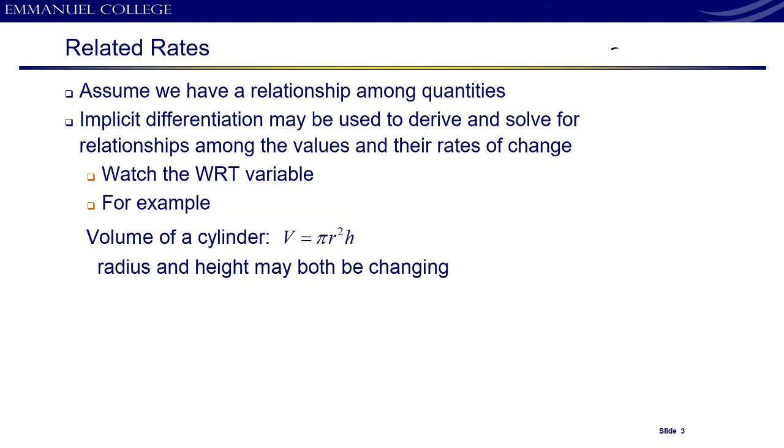So let's go to the volume of a cylinder. Now, it may start out something like this. And as it goes on, maybe the radius is increasing, but the height is shrinking.